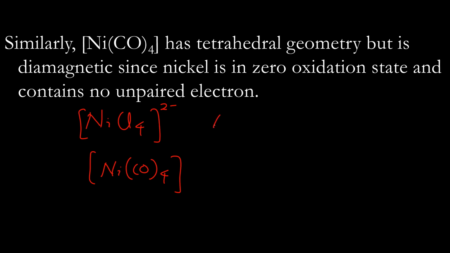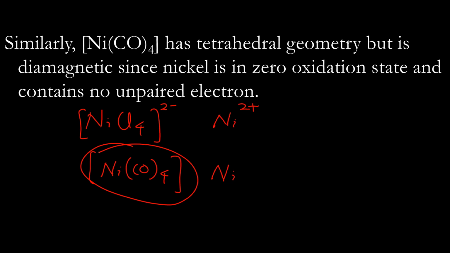Here it will be the Ni2+ configuration you write, and here you will write the configuration of nickel. Because there is no charge here and CO also doesn't have any charge, nickel is in its ground state, with oxidation state 0. Getting it? So it is possible that the central metal atom can be in zero oxidation state as well.